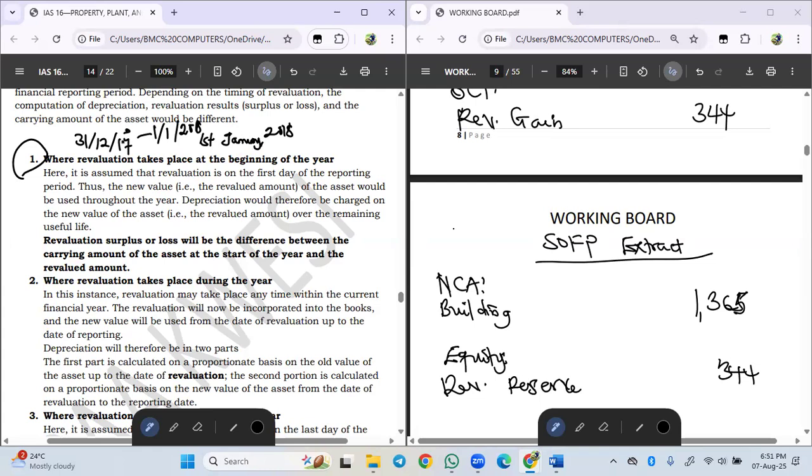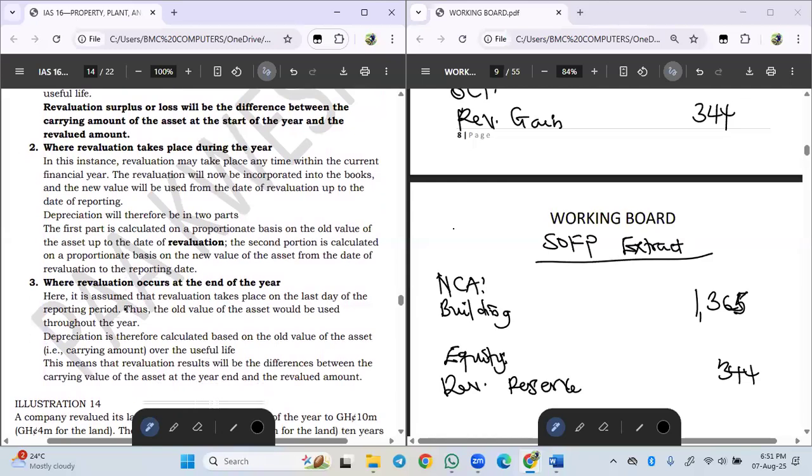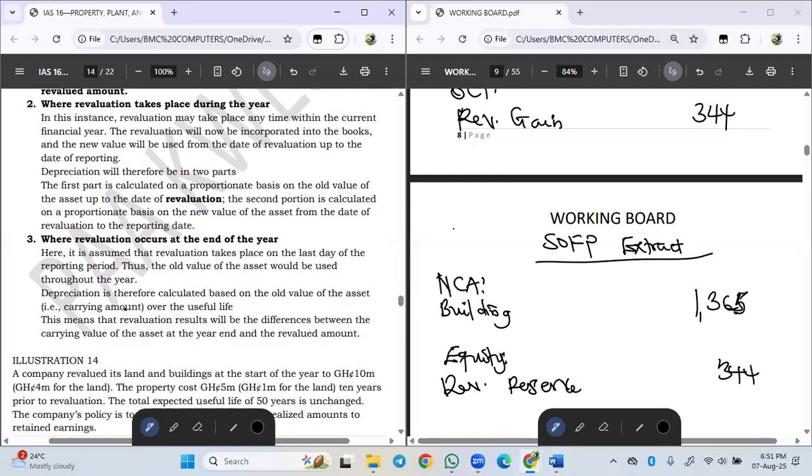Don't be confused because this one is 2017, because I said 31st December 2017 can be carried forward to 1st January 2018, because the closing balance of 2017 becomes the opening balance of what? 2018. Okay, so we will solve questions on that and you understand what I'm trying to explain.